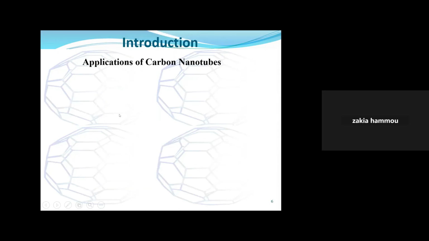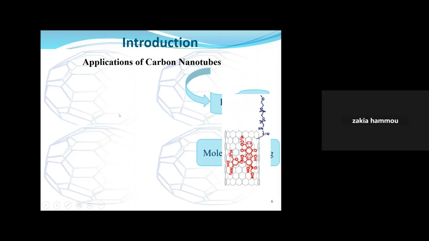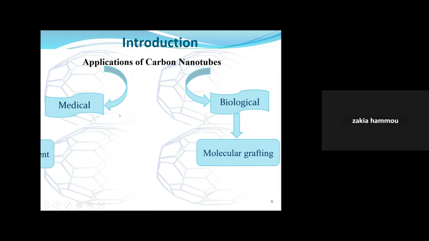CNTs have several applications. As an example, we see a biological application. It's possible to obtain CNTs with molecular graphite on the surface, which makes it possible to obtain a molecular detector for the dosage of molecules in the body. The second application is a medical application.